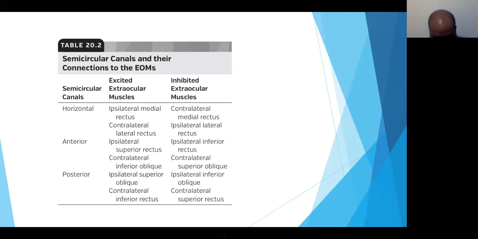So if I'm doing like this, one side is contracting, and this one is inhibiting, which means relaxing itself. But on the other side, it is not the rectus muscles that respond, it is the oblique muscles that respond, which means the eye will turn. That's what they are telling.